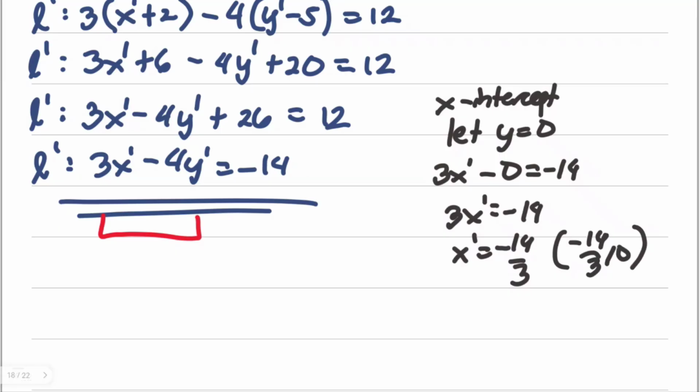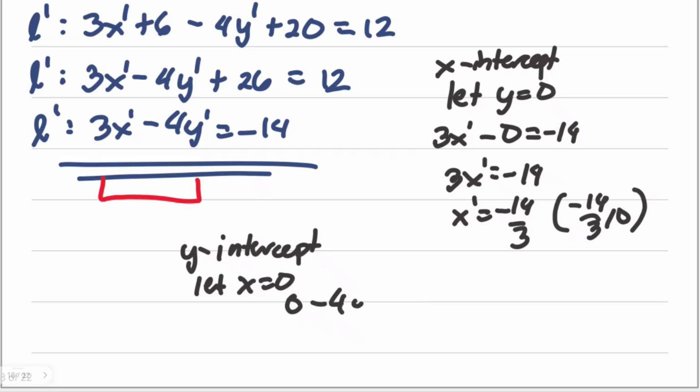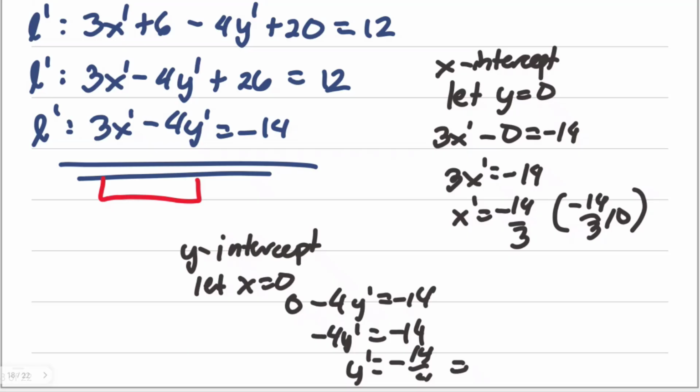Okay? For our y-intercept, let me move it here because I might not have enough space. So let x be equal to 0. So you have 0 minus 4y prime is negative 14. Minus 4y prime is negative 14. Y prime is negative 14 fourths, or simply negative 7 halves, right?